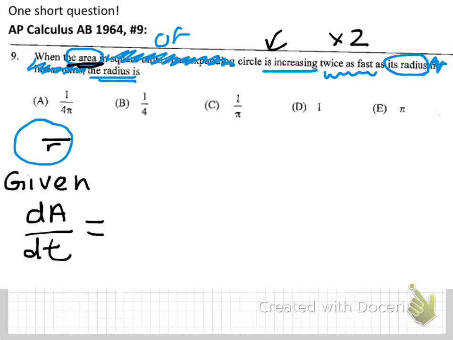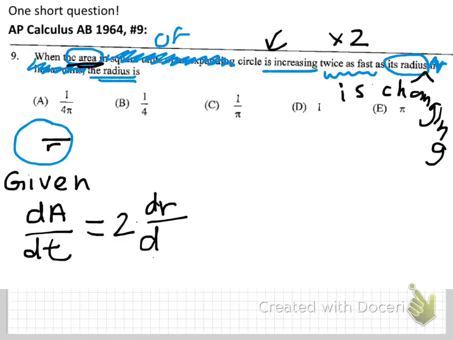So, twice as fast as its radius. And if it was a longer sentence, it would say twice as fast as its radius is changing. So, basically what this is saying is that dA over dt equals 2 times dr over dt. And that's really the hardest and the most important part of this question.